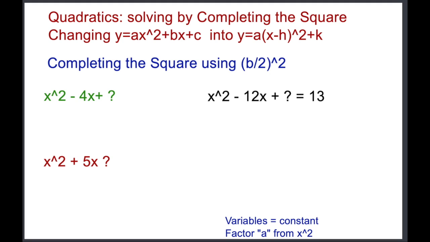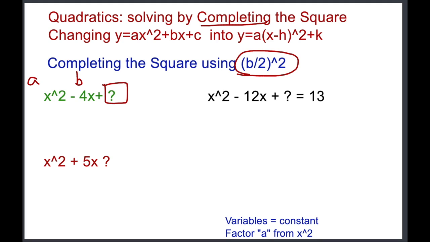Next, we'd like to move to the concept of learning how to complete the square, and that is with a formula that is called b over 2 quantity squared. Well, this is my b, and this is my a, which is 1, and this unknown number right here, we're going to put a box there.